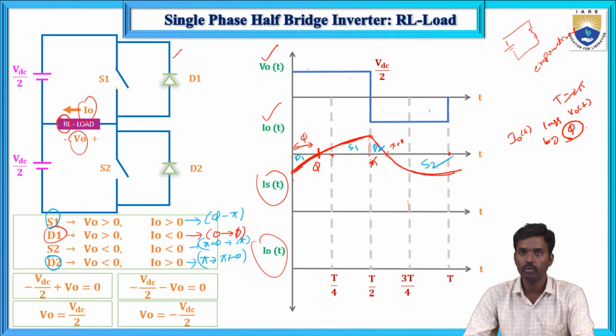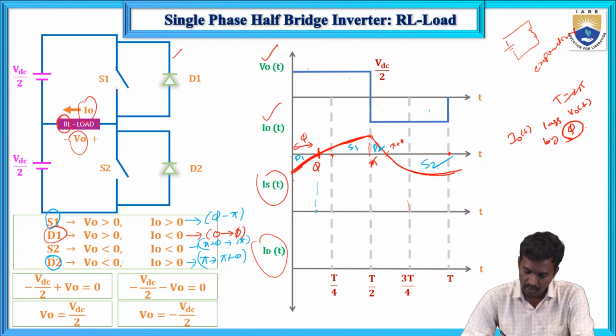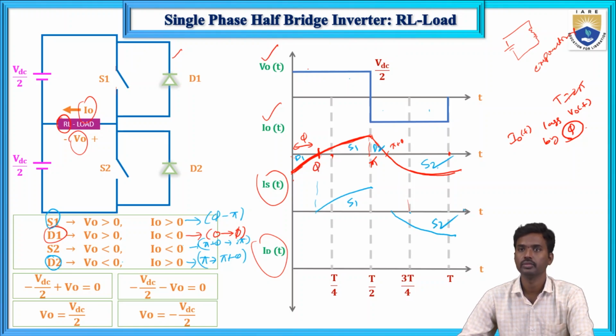So now here what about the switching? So this is the switch current of S1, and next here S2, and next here the D2 diode currents, and these are the diode currents.